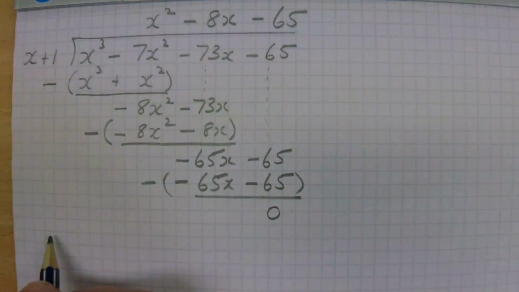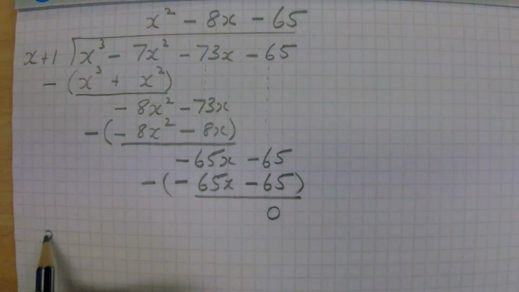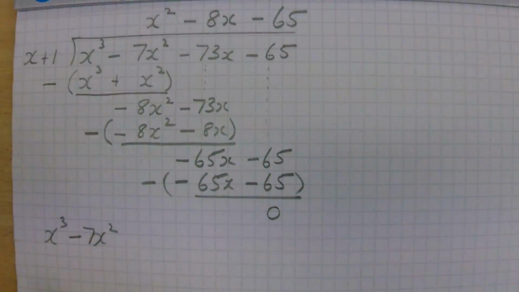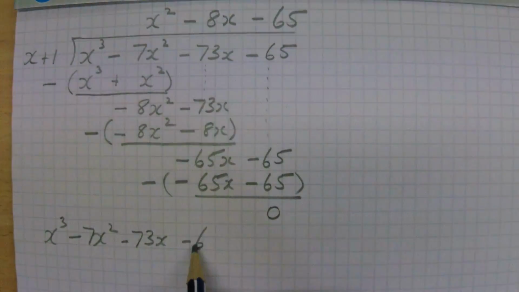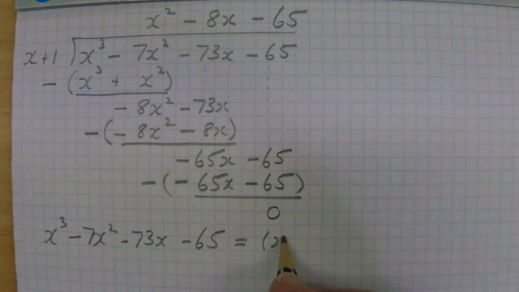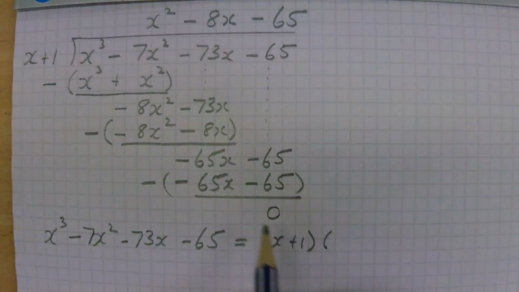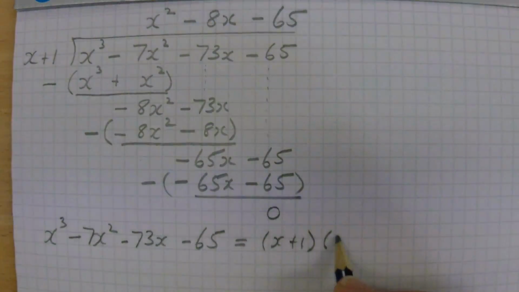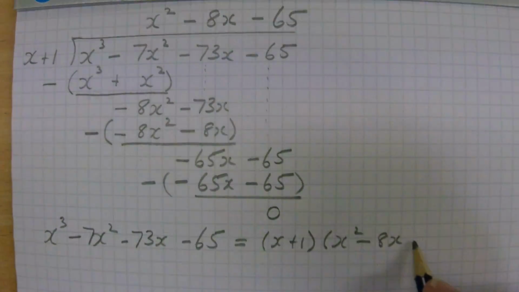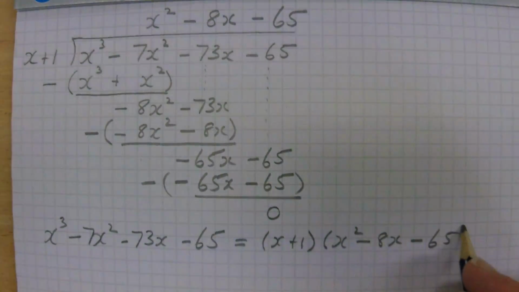Writing this more formally, I suppose as an equation, we would say x cubed minus 7x squared minus 73x minus 65 equals, well, it's the factor x plus 1 multiplied by the quadratic x squared minus 8x minus 65.